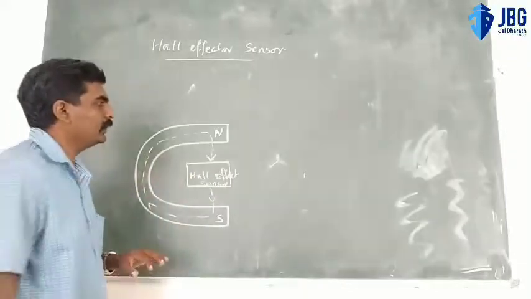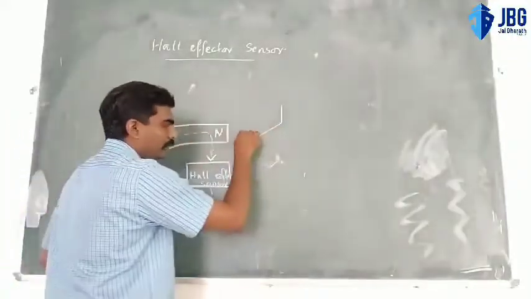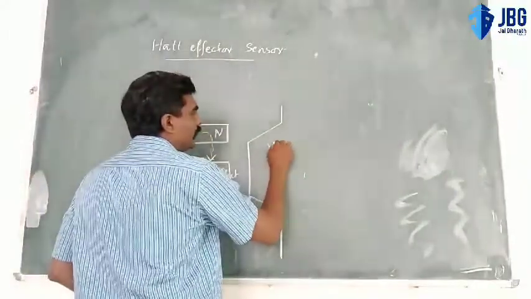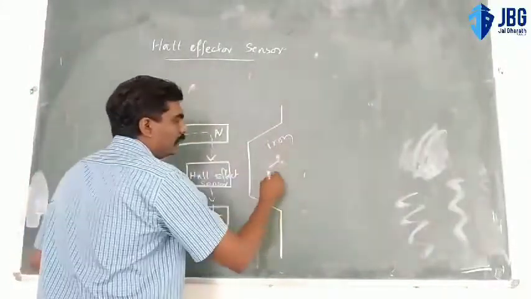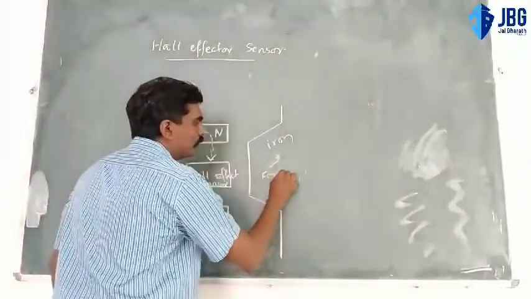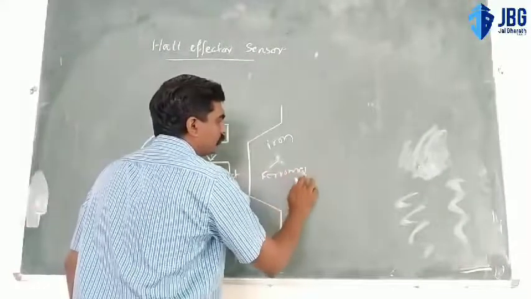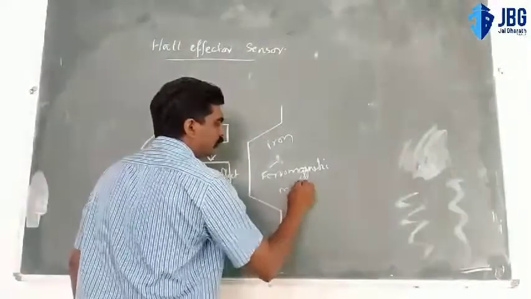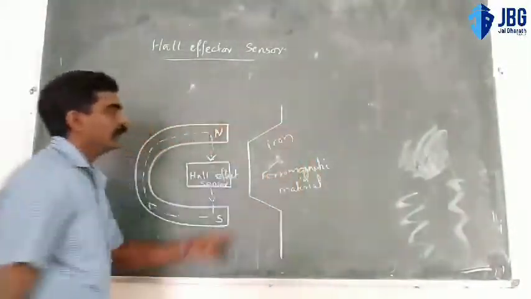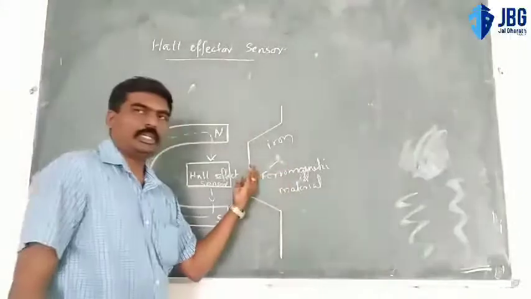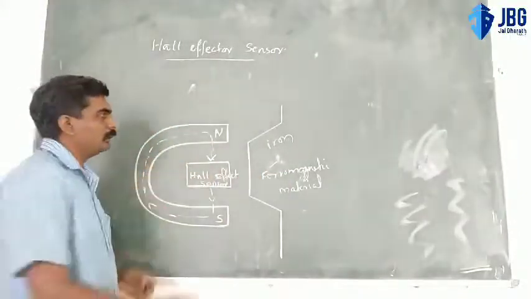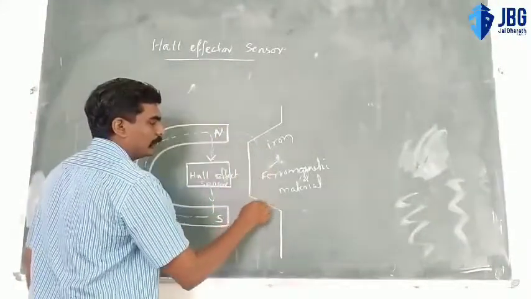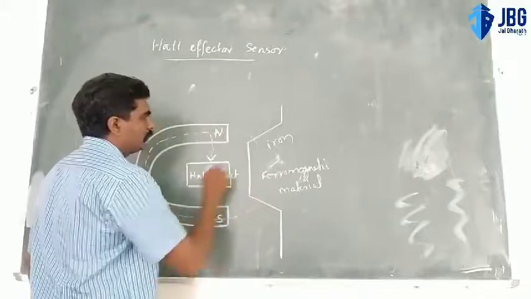And what happens is, when a ferromagnetic material like an iron or steel body comes near to this sensor, some part of the flux lines will flow like this.